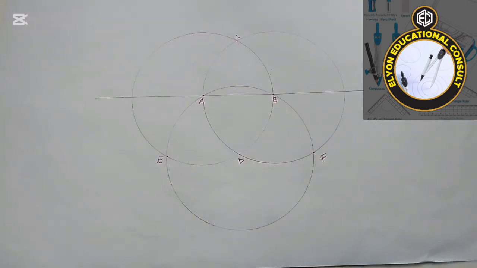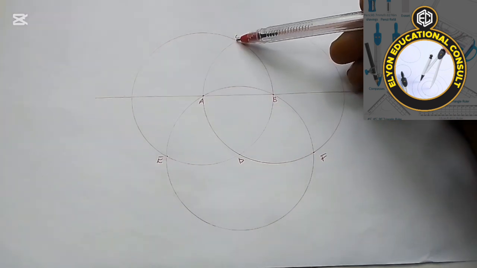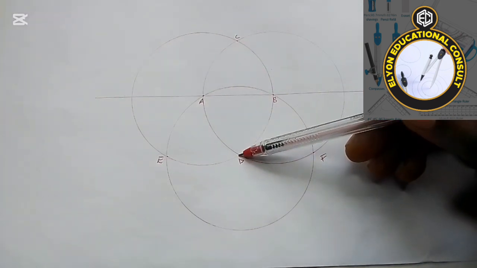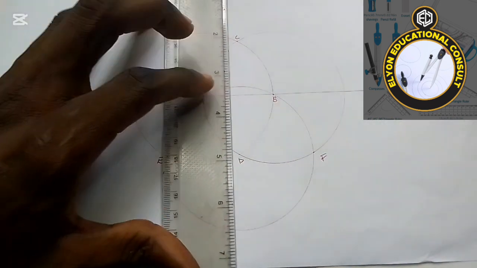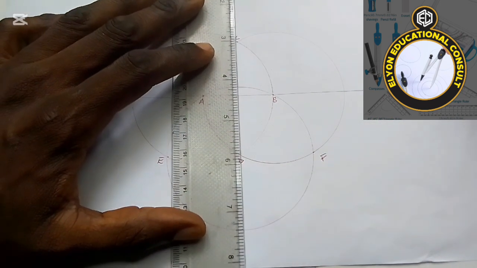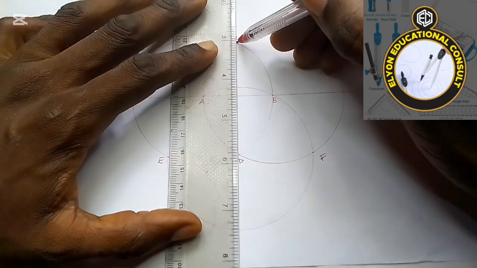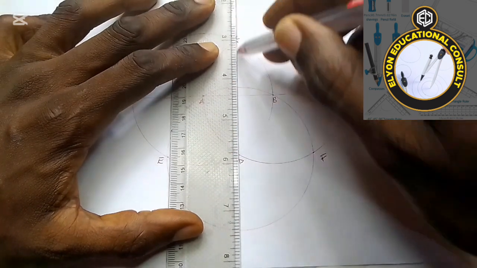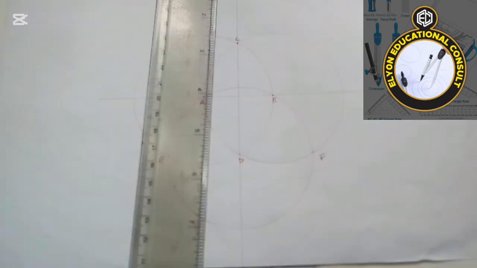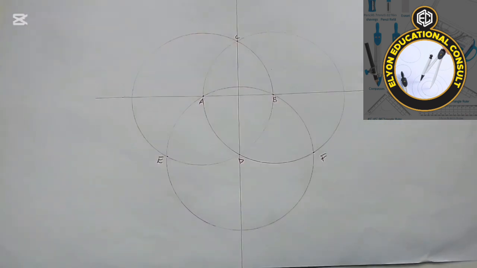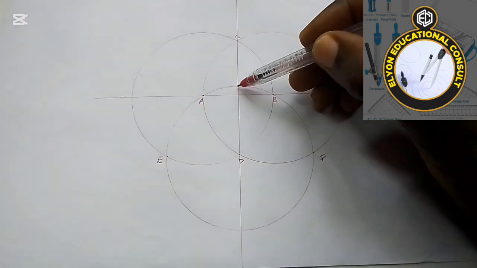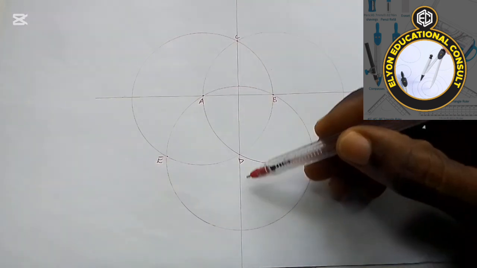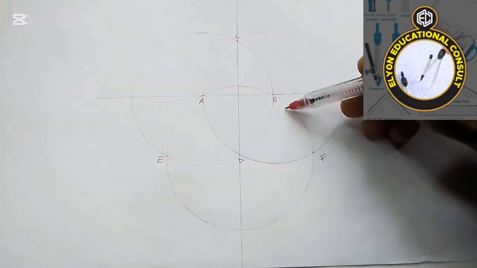The next thing I will be doing now, I'll be drawing a line to connect this C and D together. So I'll draw a straight, vertical line connecting this C and D this way, like this. Then I take note of this point where this straight line intersects this third circle that I drew.